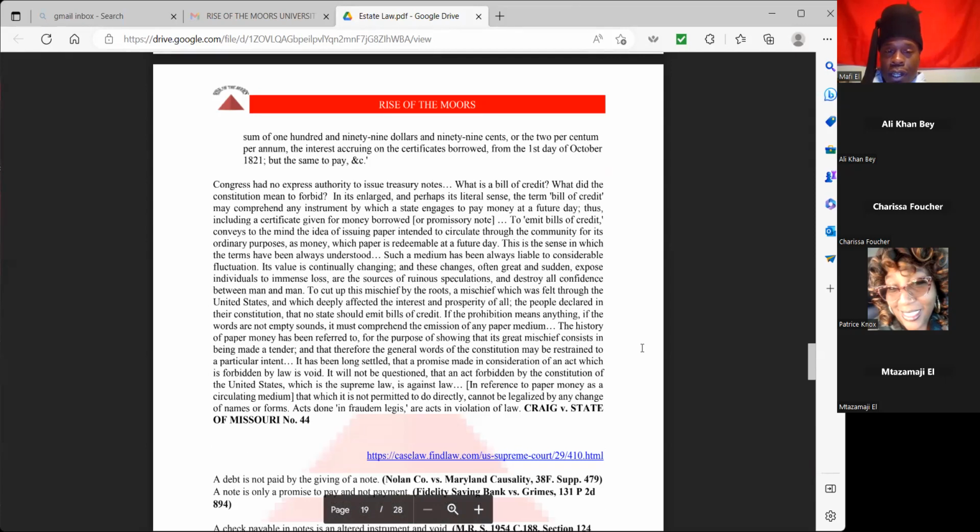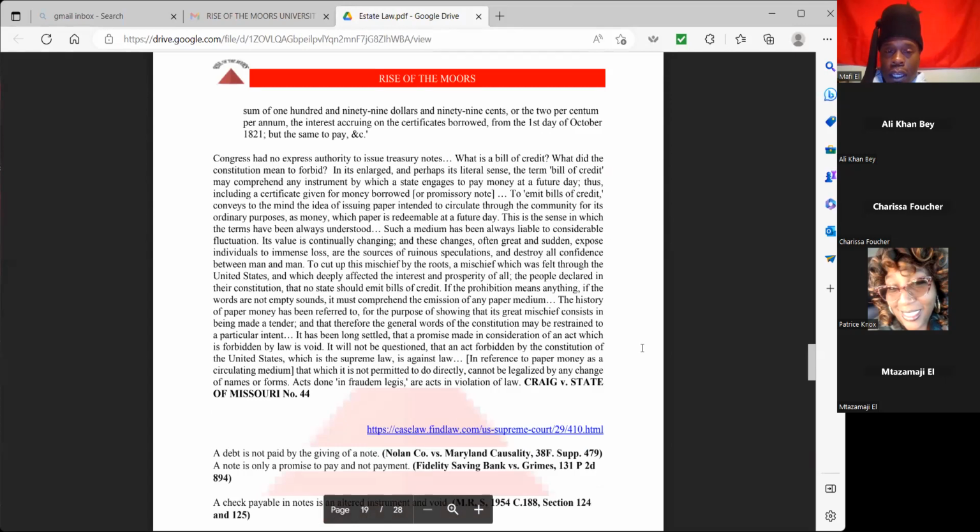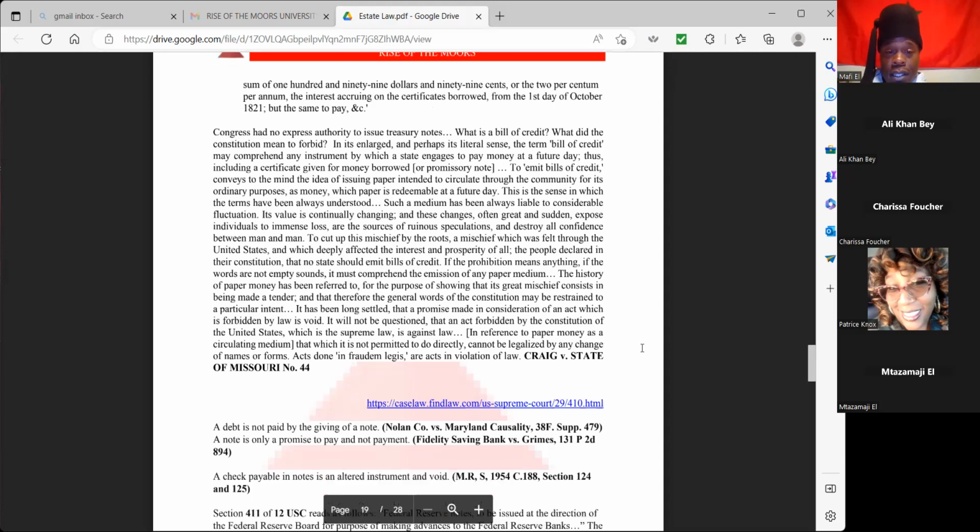To emit bills of credit conveys to the mind the idea of issuing paper intended to circulate through the community for its ordinary purposes as money, which paper is redeemable at a future date. This is the sense in which the terms have been always understood.